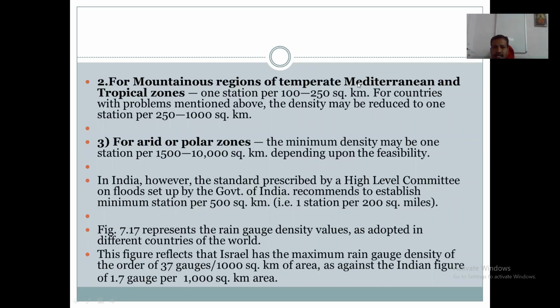The second zone काय आहे? For mountainous region. म्हणजे डोंगराळ प्रदेश आहे, पर्वतरांगा आहेत, त्या ठिकाणी किती रेन गेज स्टेशन्स इन्स्टॉल करायचे.